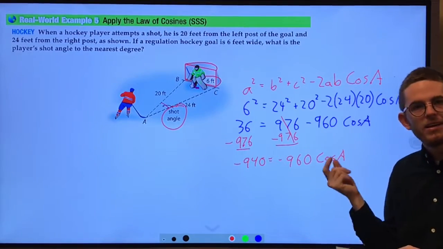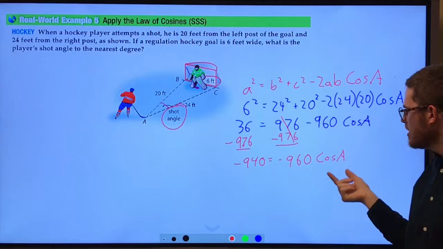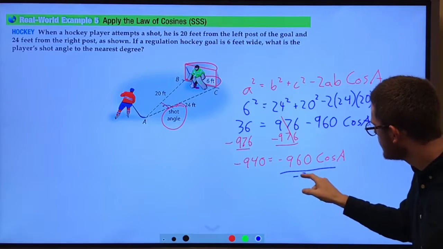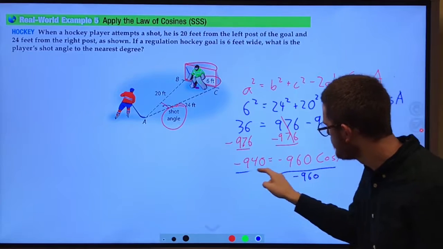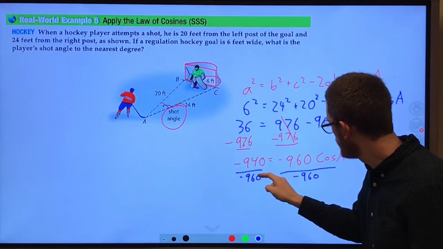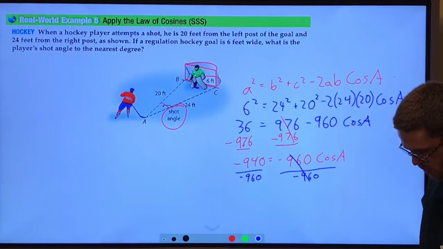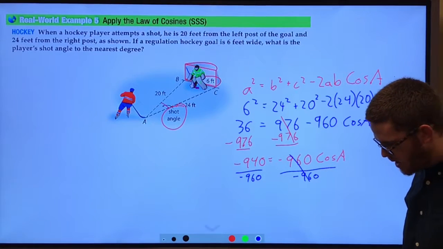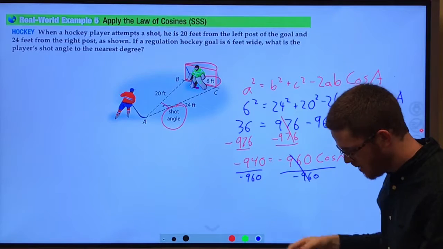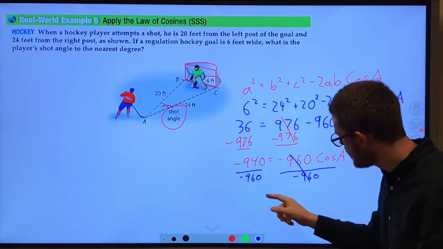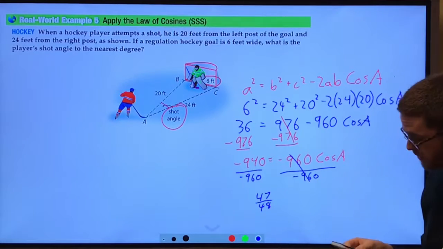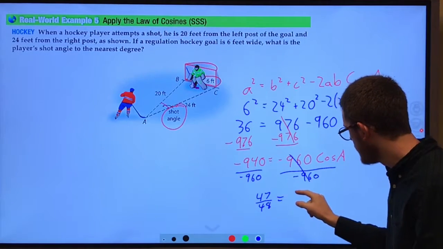Before I can do the inverse cosine, I need to divide both sides by that negative 960. And I get a fraction here. That's 47 48ths. That'll be easier than writing down that decimal.